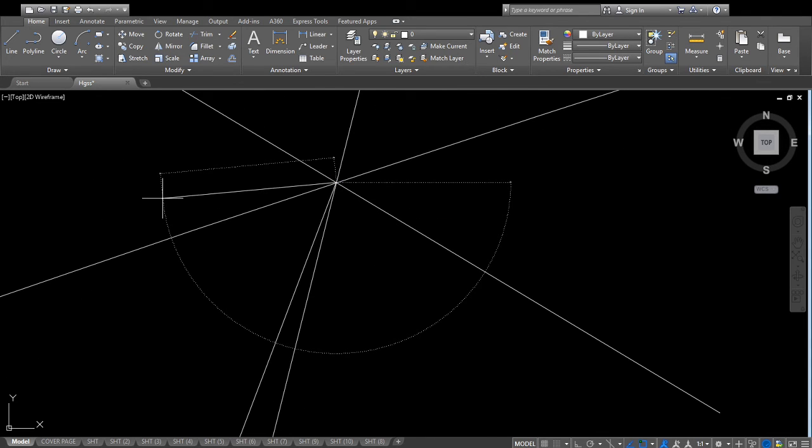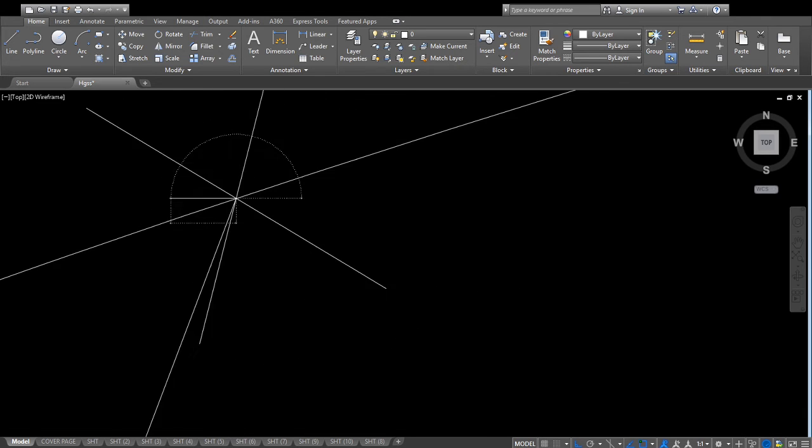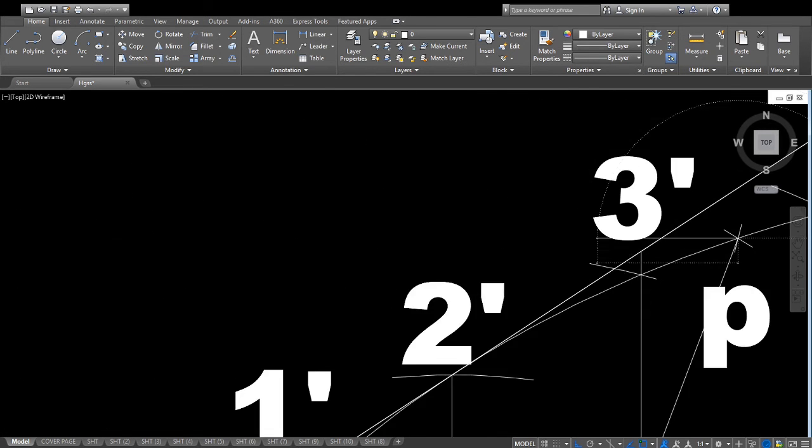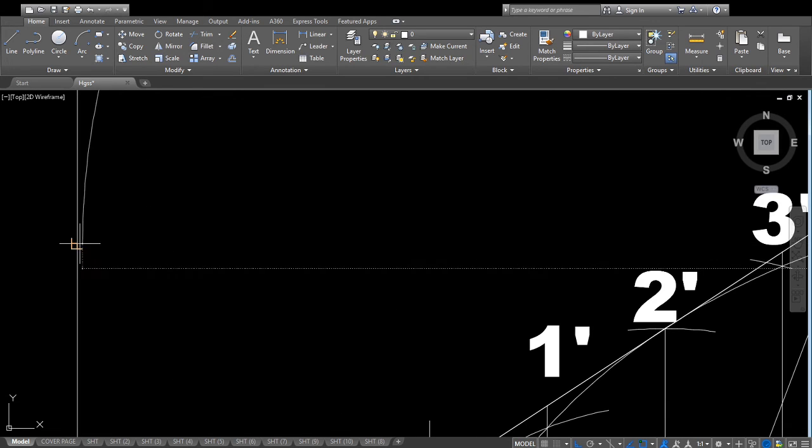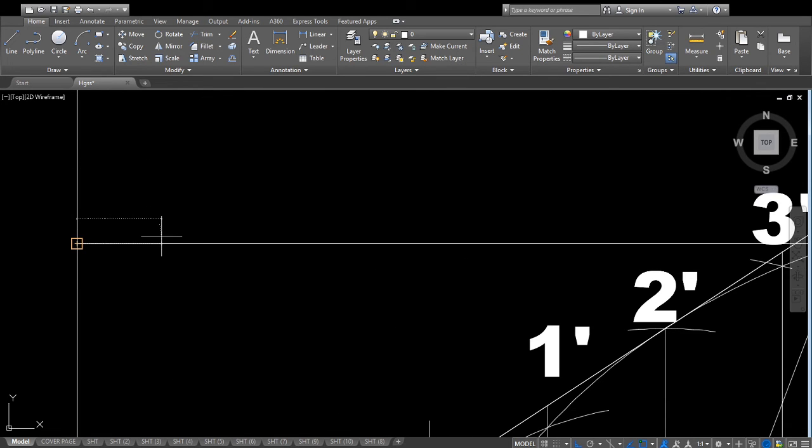This line from point P must be a perfect horizontal line. Okay, we'll draw this line to this point.